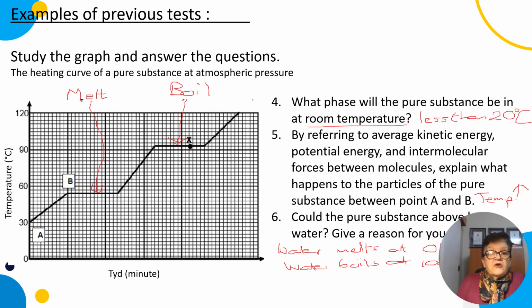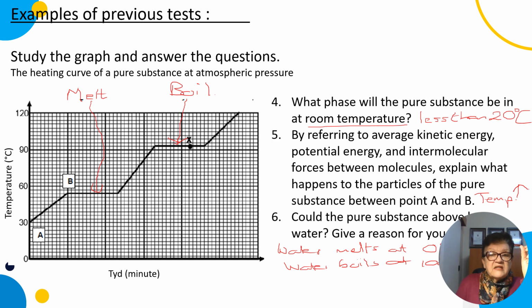Right, if we look at the next graph, it's similar to the previous one, or actually it's the same one, sorry, it just looks a bit different. It refers in question 4 to room temperature. Remember, room temperature is around, I would say, on a cold day, maybe 12 degrees Celsius. Here in South Africa, on a hot day, it can be just above 20 degrees, but round about there. That is room temperature.